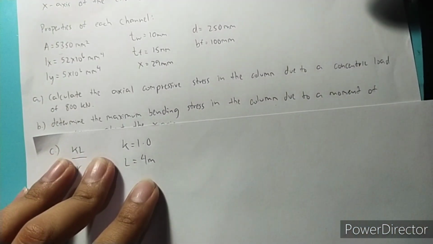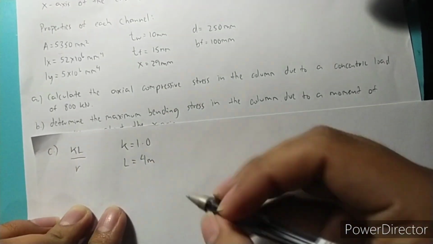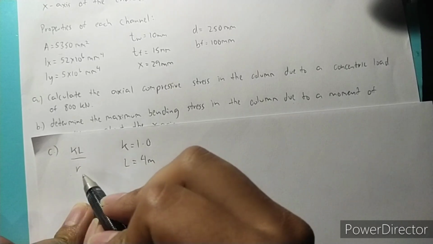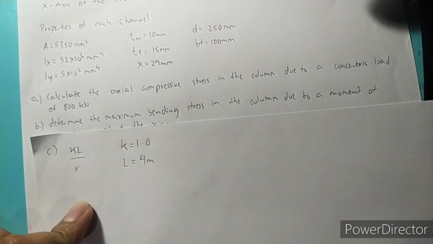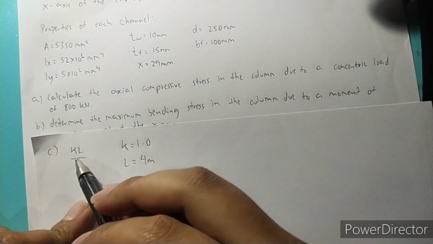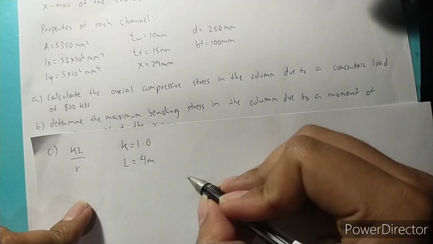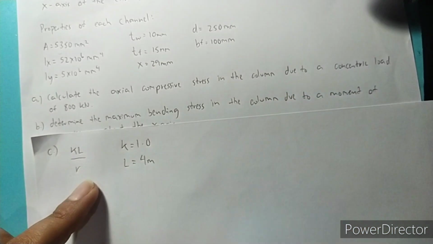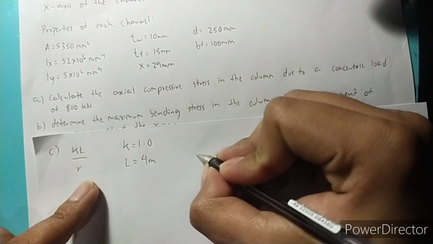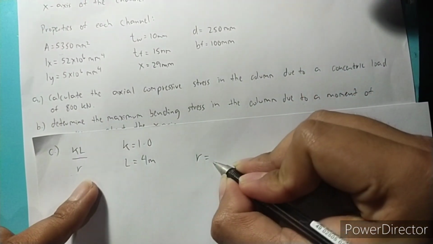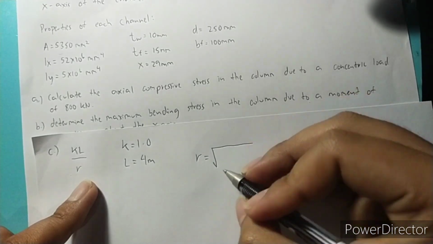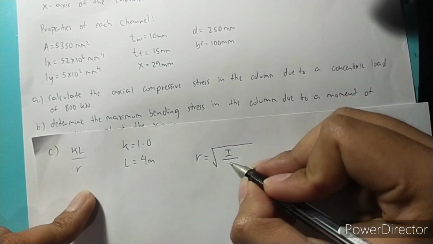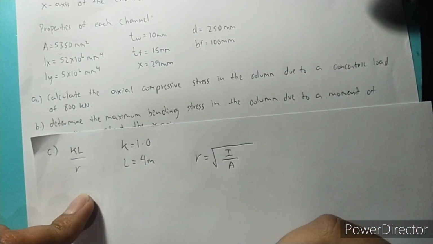So, si KL over r is, meron tayo kasing ry tapos rx dyan. So, si r may rx at ry. Ito yung formula ng r: moment of inertia over area.